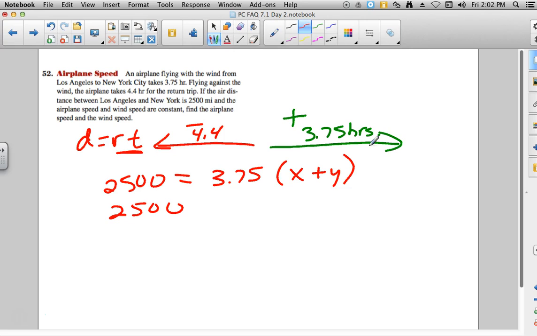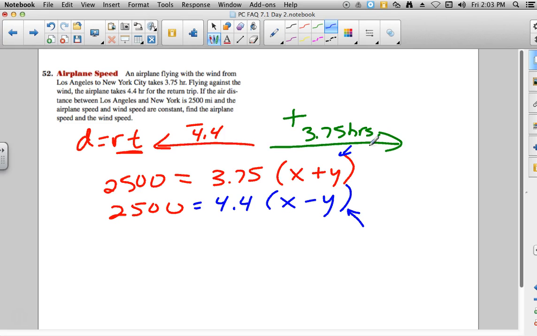And this is setting it up as distance equals rate times time. But the other one is 4.4 times x minus y, because they're fighting against the wind. So we have the time over there, and the rate is being pushed along by the wind or fighting the wind, going the other way.